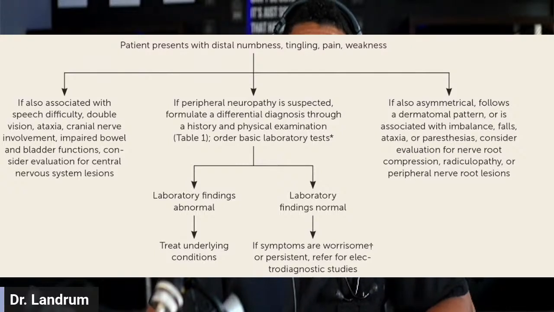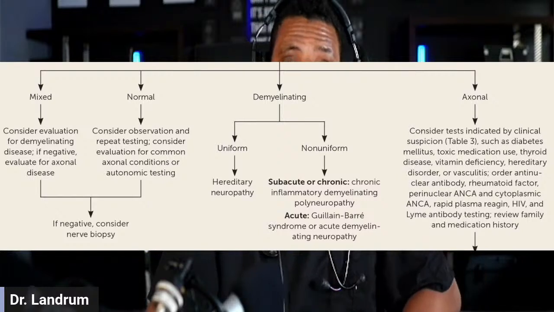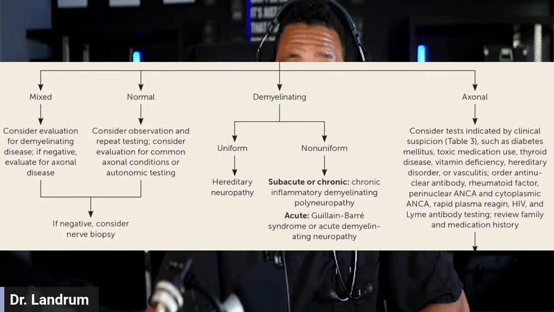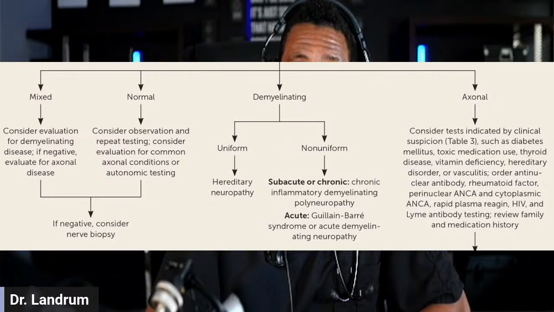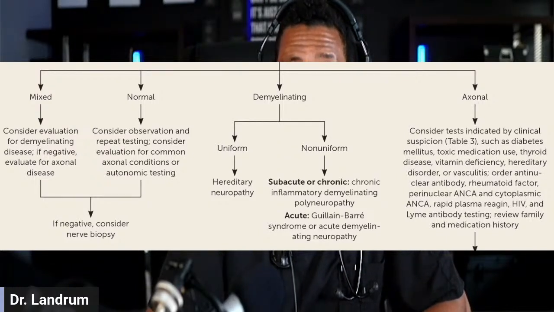However, if we think that it is peripheral neuropathy, one of the things that we're going to do is get a full examination, but we're also going to do some lab tests. We want to see if these lab tests prove out and give us some insight about what's actually happening. Those lab tests give us an idea about what is going on, and whether we need to do something like an EMG, which is an electromyogram, to assess, do the nerves work well?